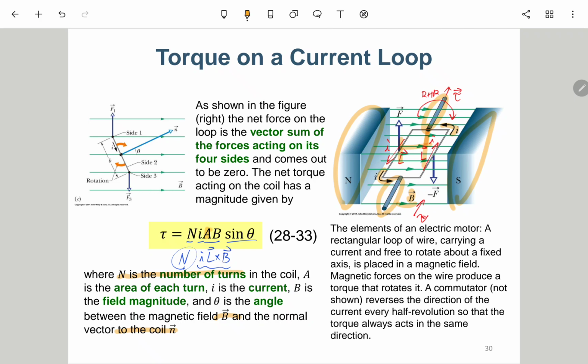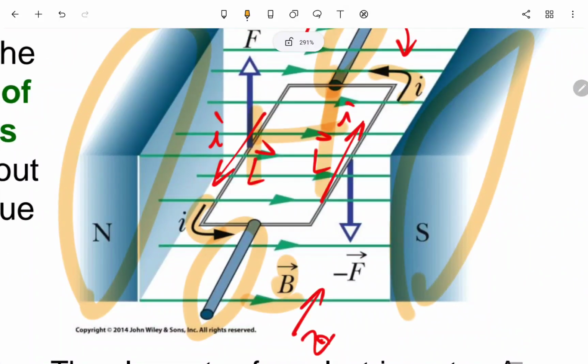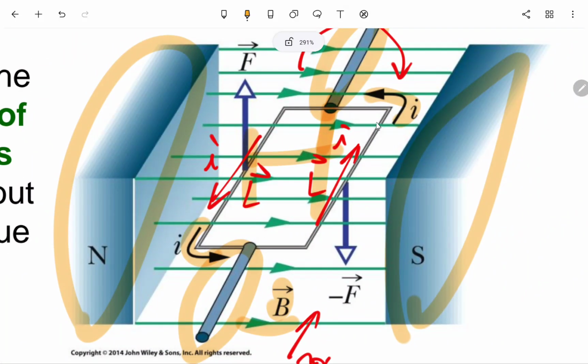For the normal vector of the coil, we also use the right hand rule. As the current is rotating in this direction, your fingers follow the direction of the coil, and then your thumb is like this. This is the normal direction, perpendicular to the coil.